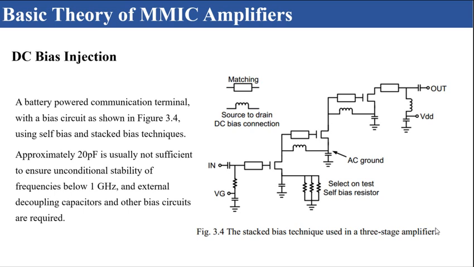The on-chip coupling capacitor of approximately 20 picofarad is usually not sufficient to ensure unconditional stability at frequencies below 1 GHz, and external decoupling capacitors and other bias circuits are required.